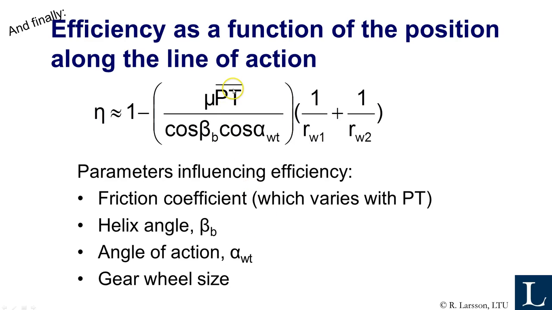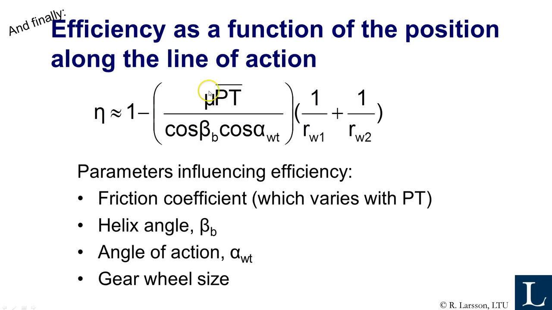Well, in a way, pt, I didn't mention that, but pt, the coordinate, is influencing. The bigger the pt is, the more losses. That means that you have more losses or more sliding in the beginning and the very end of the engagement of the gear teeth.